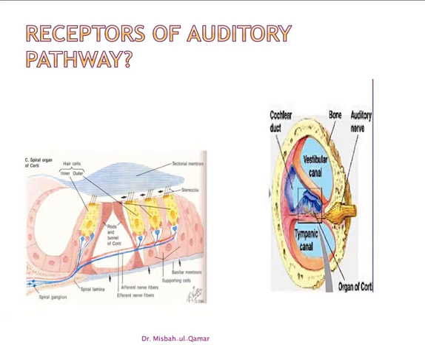Now the cells of the spiral ganglion are actually bipolar cells, and these bipolar cells form the first order neurons of auditory pathway. The axons of these bipolar cells form the cochlear nerve fibers, and the frequency of action potentials in a single auditory nerve fiber is proportional to the loudness of sound.